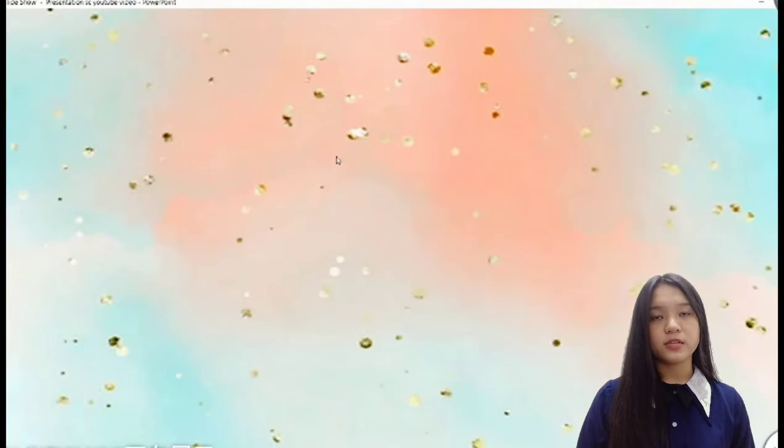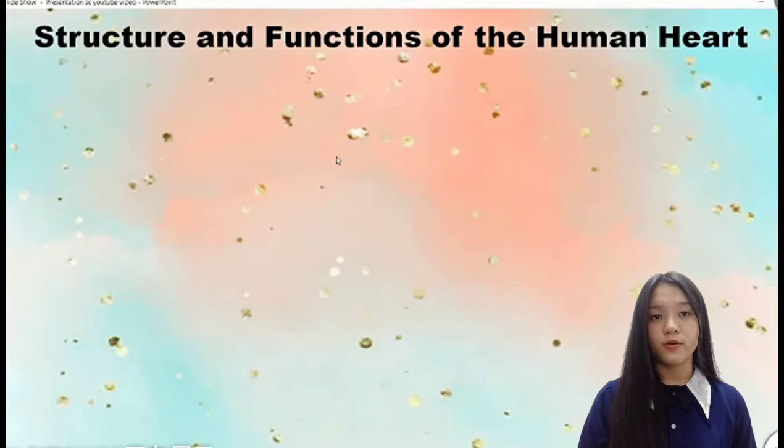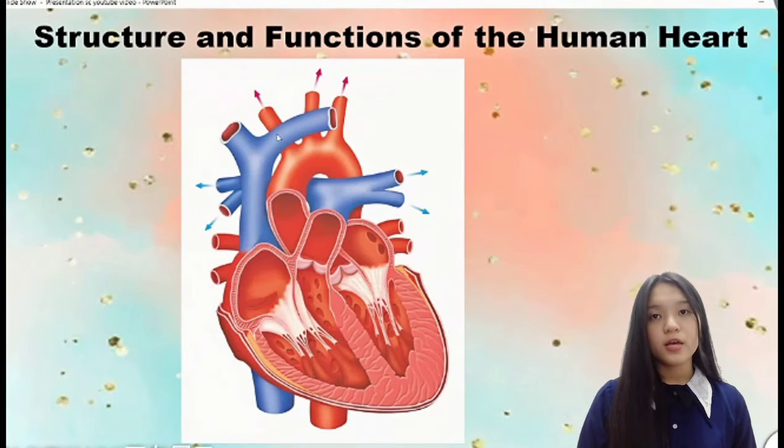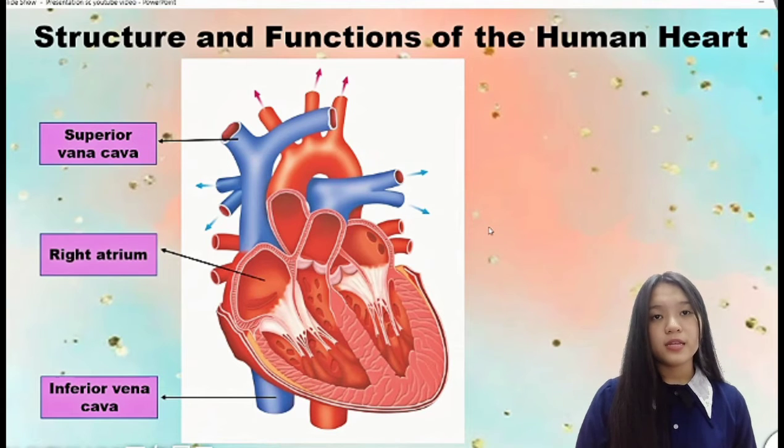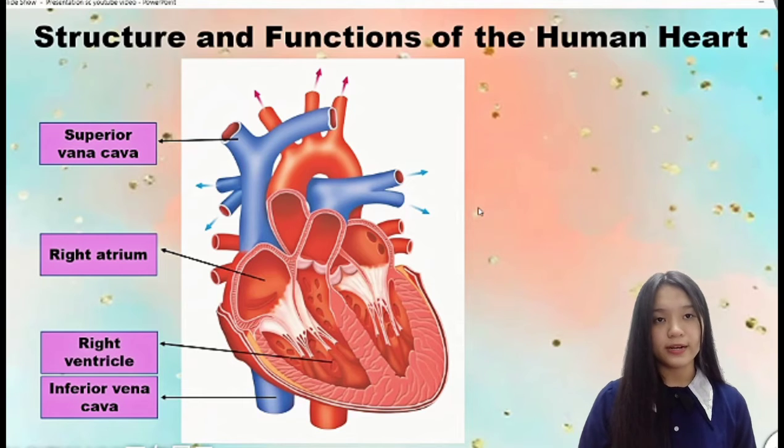For the next part, I will explain the structure and function of the human heart. The human heart has four chambers, that is two atria and two ventricles. First, the deoxygenated blood from the whole body except the lungs enters the superior vena cava or inferior vena cava into the right atrium. When the right atrium contracts, deoxygenated blood is forced to flow into the right ventricle.